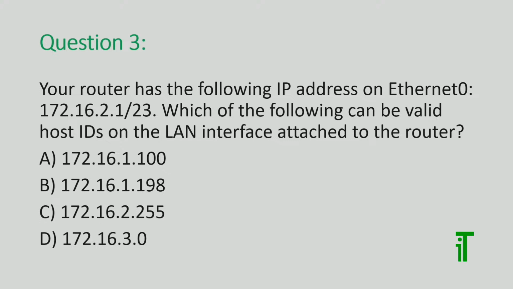Which of the following can be valid host ID or IDs on the LAN or local area network interface attached to the router? So the question is just asking us to check all these 4 IP addresses, whether any of them lies in the network that the router is on.